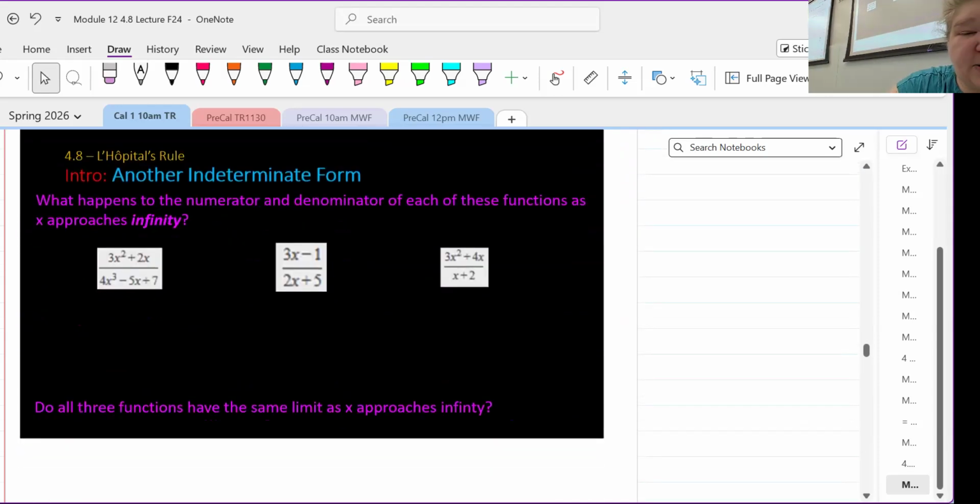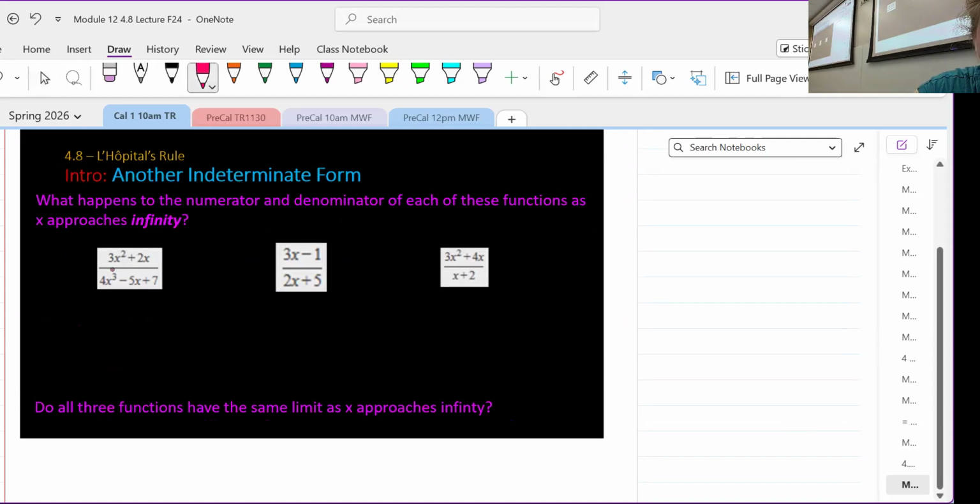Now we can also have an indeterminate form happen when we're looking at limits at infinity. So each of these, when I'm looking at the limits as x approaches infinity, I get infinity over infinity. But each of these approaches a different value as x goes to infinity based on the size of the numerator versus the denominator.